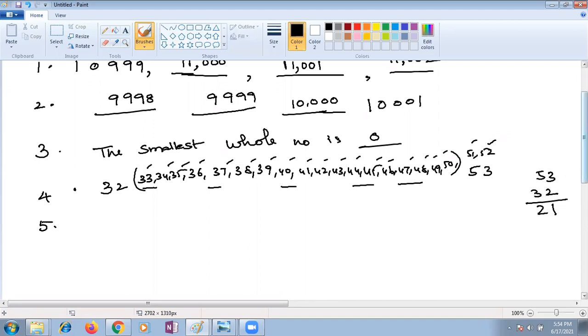Ma'am, why are we getting 21? You should not include 53. You have to exclude 53 and write the answer, so that you get only 20. Ma'am, should we exclude 32 also, or only 53? Anyway, 32 is excluded because you are subtracting 32.